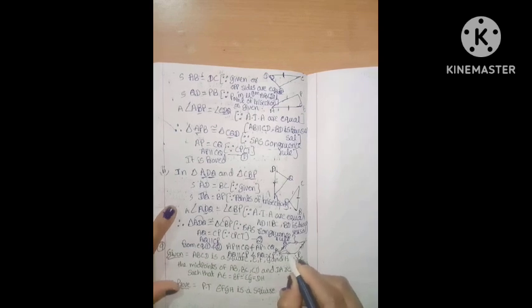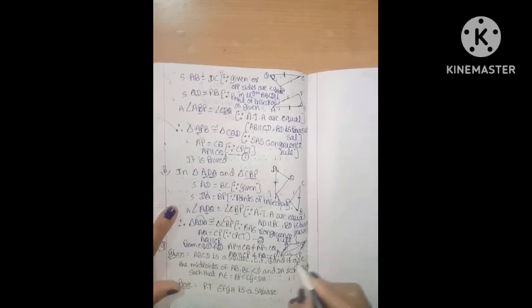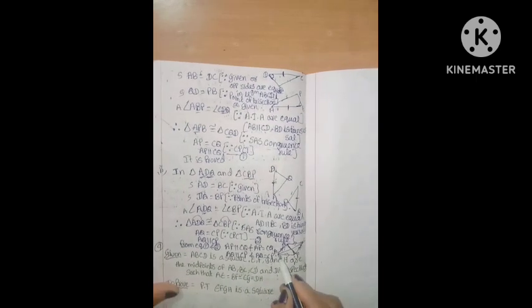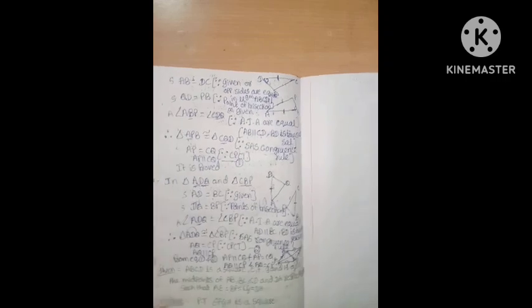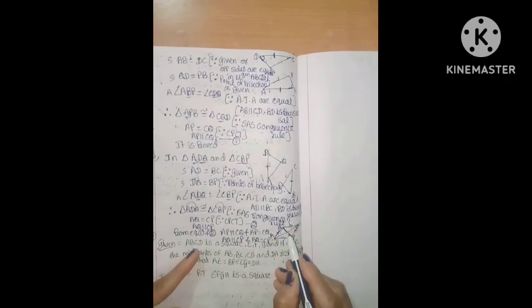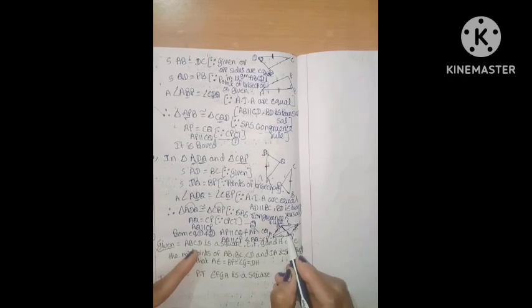Next, AC is a diagonal, given. AC and QP are the two diagonals. It is a quadrilateral and it is a parallelogram also.